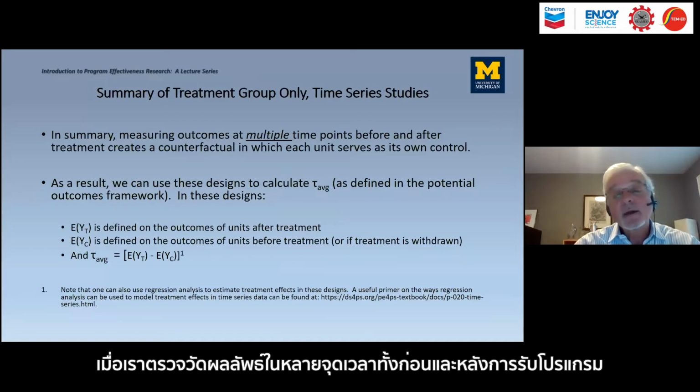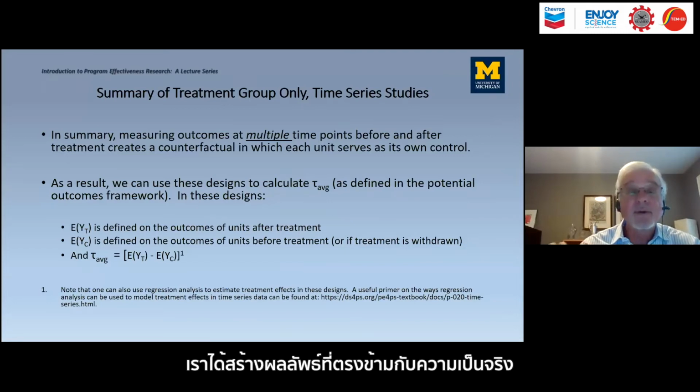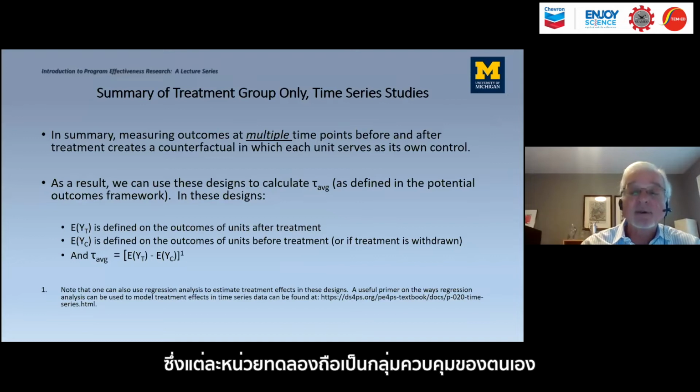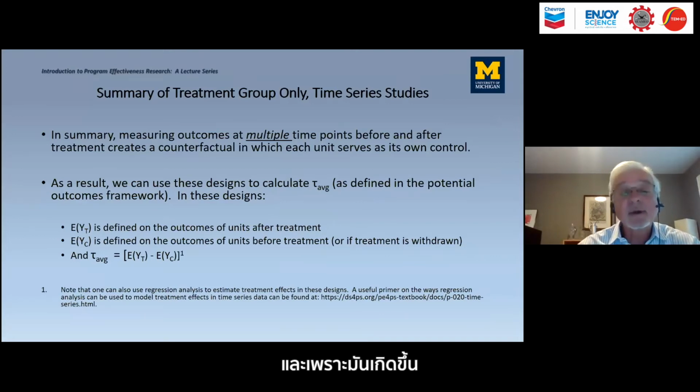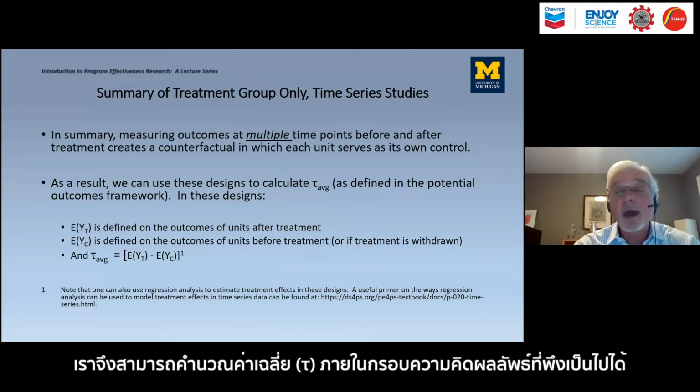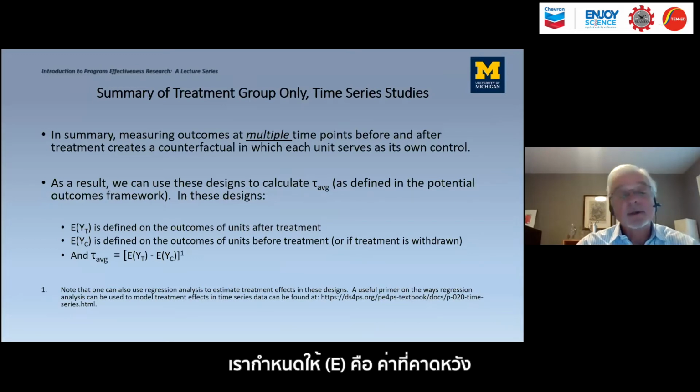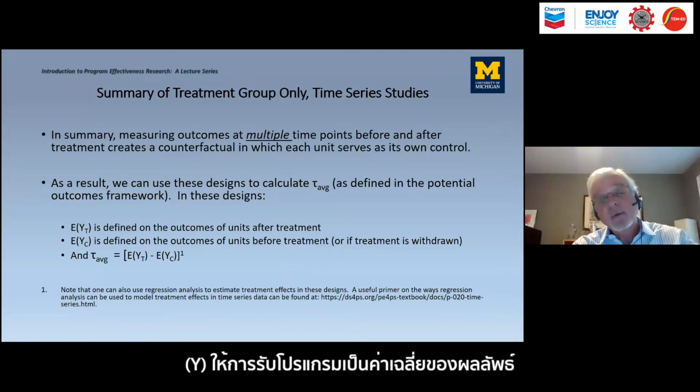So let me summarize the treatment group only time series studies that I've been talking about. When we measure outcomes at multiple time points before and after treatment, we create a counterfactual in which each unit serves as its own control. And because that's going on, we can calculate tau average within the potential outcomes framework. We define E, the expected value of Y given treatment, as the average outcome for the units observed after treatment.